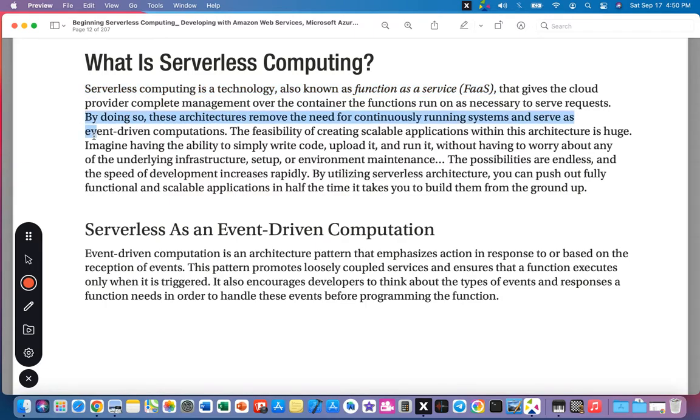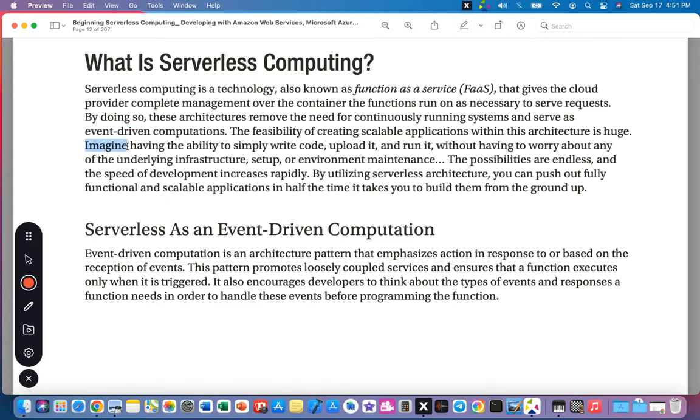By doing so, these architectures remove the need for continuously running systems and serve as event-driven computation. Keep this in mind, event-driven computation. The feasibility of creating scalable applications within this architecture is huge.